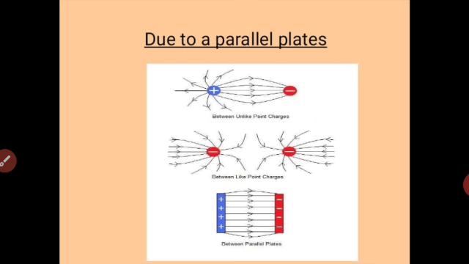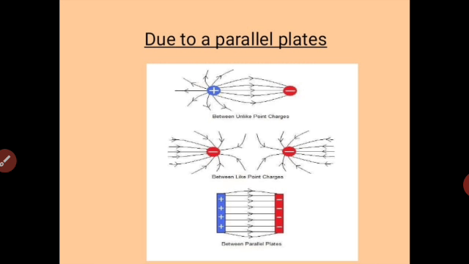Let us now see what happens due to parallel plates. The third diagram here on the screen shows two parallel plates with charges positive and negative. The field lines start from the positive plate and end on the negative plate. In the region between the two plates, the field lines are all straight, parallel to each other and directed towards one end.